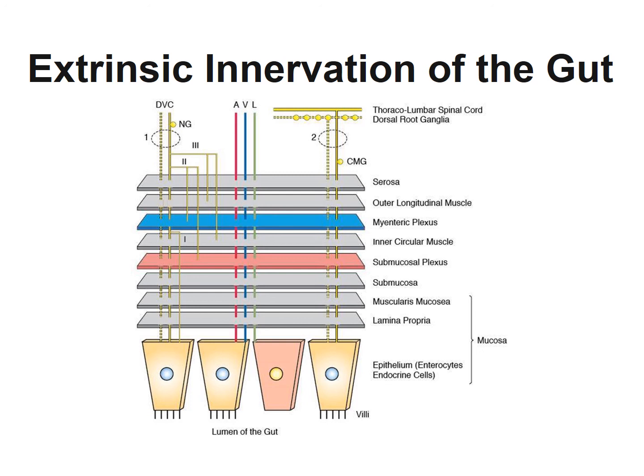This intravillous arbor vagal afferent reaches all the way to the villi of the enterocytes to basically sense the signal in the lumen of the gut and send it to the central nervous system.